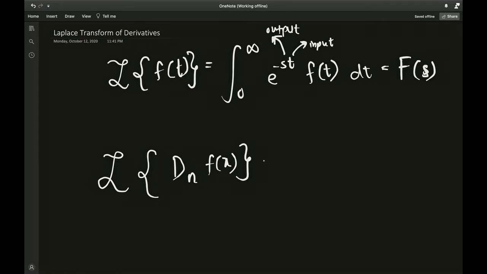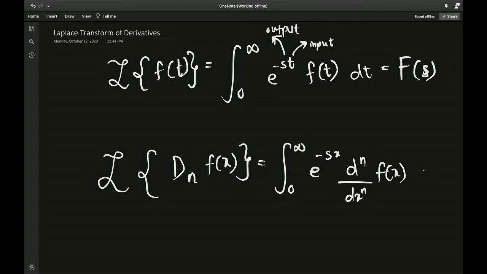We can just write that as an integral from 0 to infinity of e to the negative sx, since I want the output to be s and the input to be x, times the nth derivative, which I can denote as d to the n over dx to the n of f of x dx.